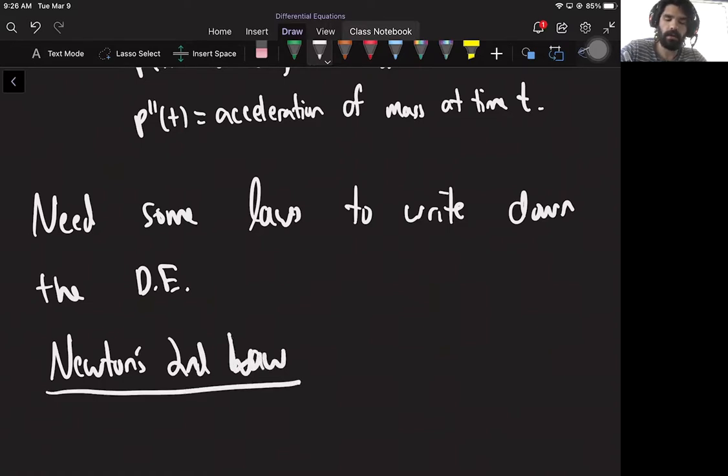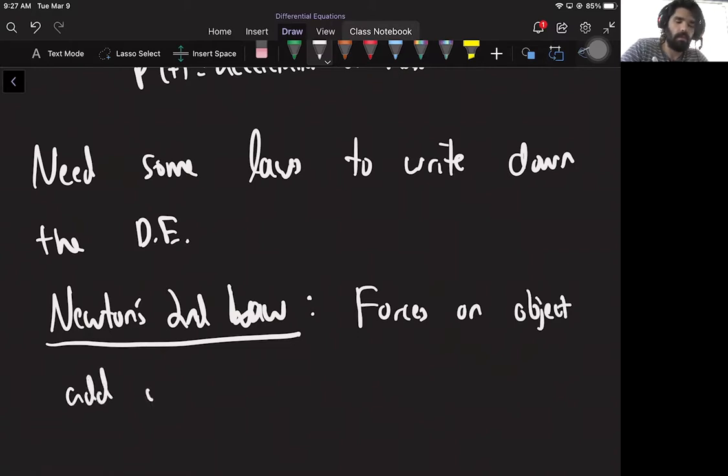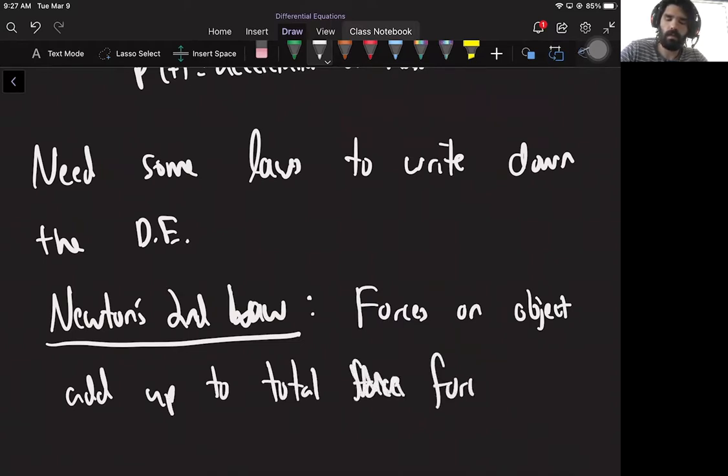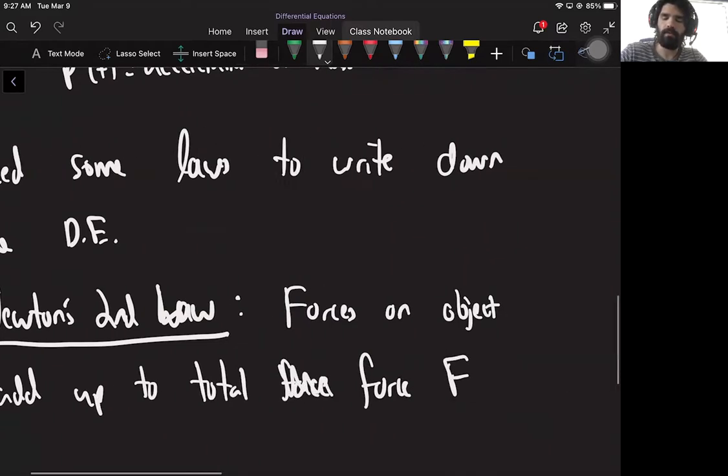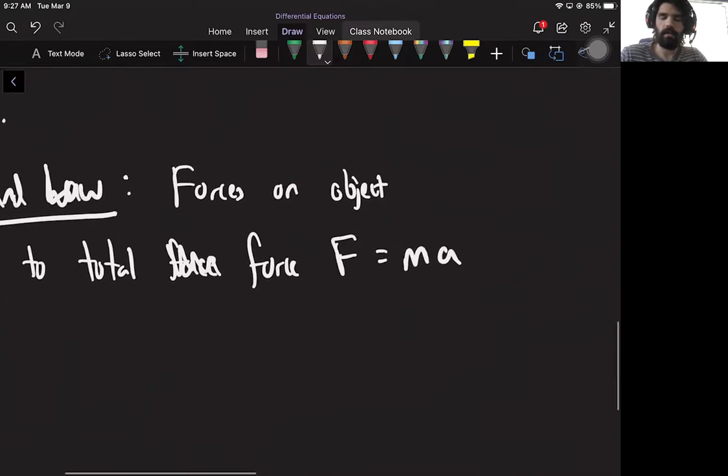I don't know if I called it this. But the basic idea is that the forces on the object add up to the total force, which I'll call capital F. And that force is m times a, where a is acceleration, but now that's actually the second derivative of position.